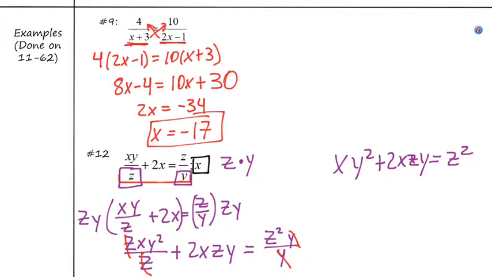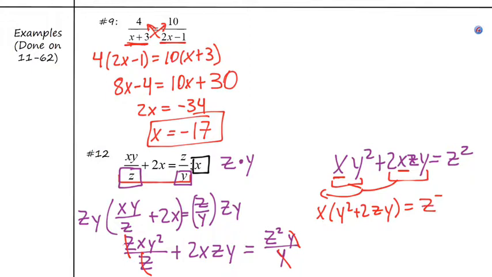Now this looks really messy at first, but we're going to see something will happen that will actually work out in our favor. So we notice that there's an x in each of these terms, correct? And x is what we want to get by ourselves. So what's really nice about this is that we will be able to factor out an x out of each of these terms. So we want to go ahead and factor out an x from each term, and we get x times y squared plus 2zy is equal to z squared.